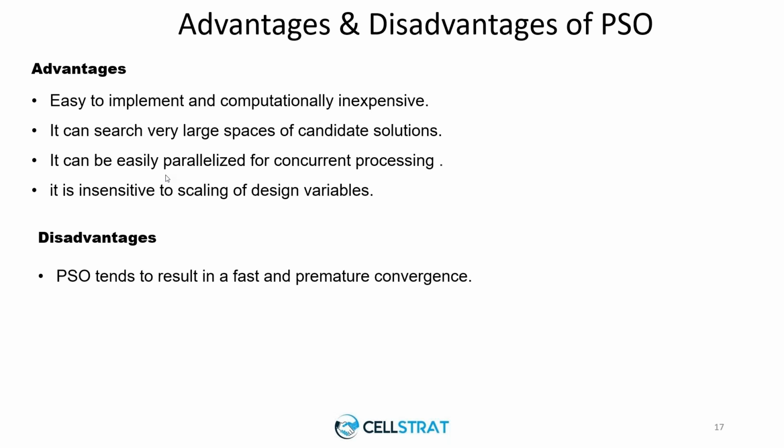This could be a case where all of the particles moved very fast and did not reach the global optima. That can also happen if you play around too much with your acceleration coefficients. That is one of the main disadvantages of PSO.